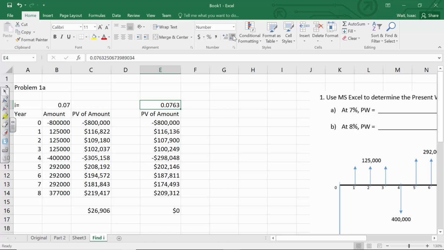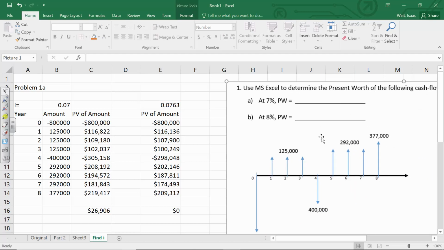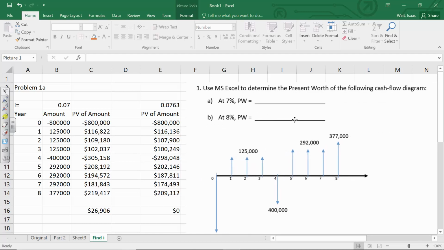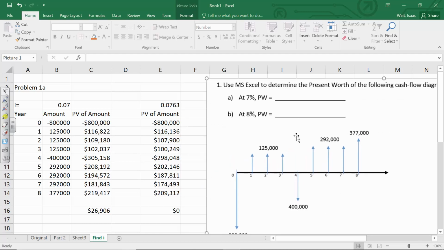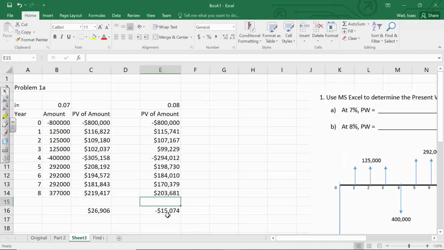Very good. Now remember, how do we use this? Well, we use this information to tell us whether a project is acceptable or unacceptable. So if your company's MARR is 8%, then this project is not acceptable. And the way you know that is either, when we were using 8%, you get a negative value for the present worth. That's one way to know it's unacceptable.